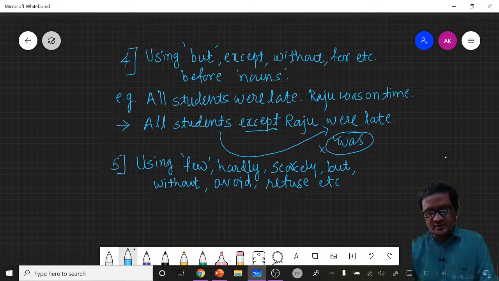Instead of no sooner dash than, we use hardly when, scarcely when, like this. So this can be used for our today's topic, transformation of affirmative to negative and vice versa.